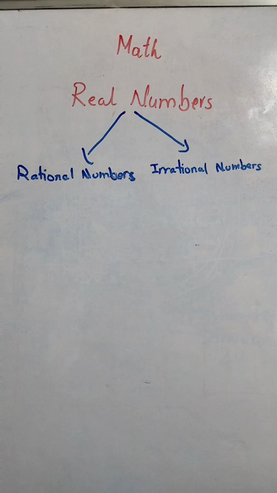For the third question, let's take root 8. For the fourth example, I'll take root 25. So remember, some questions might not be simplified to their base, but they can be either rational or irrational.